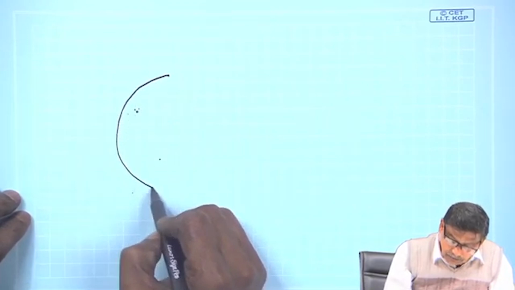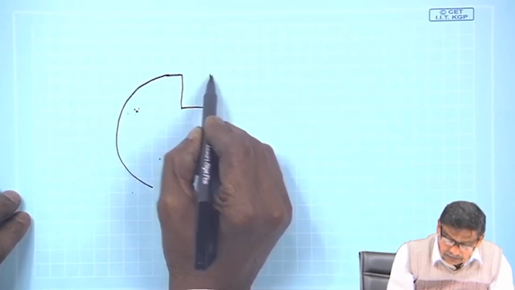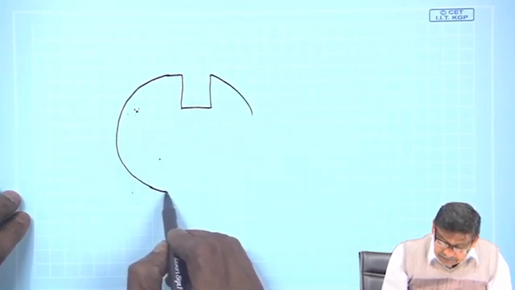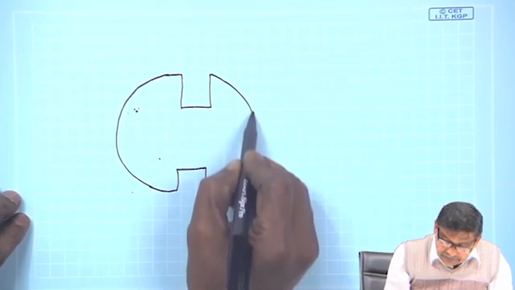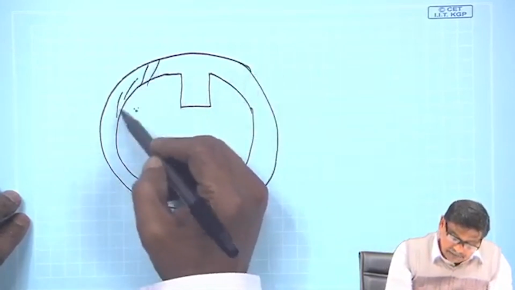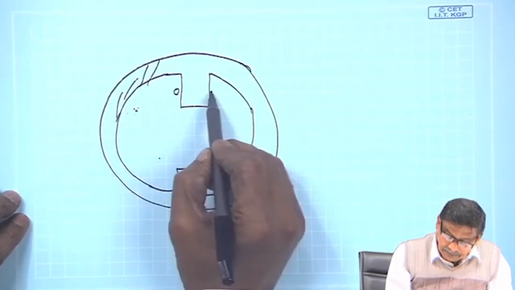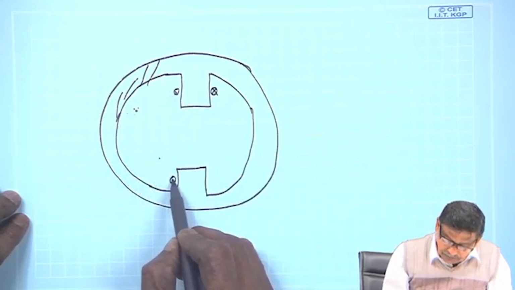So, suppose I will, and we will come to this over and over again, do not worry about it. So, suppose this is the north pole and this is the south pole, let me draw quickly, and this is the iron, these are all iron, and it might have some coils to create your north and south pole.